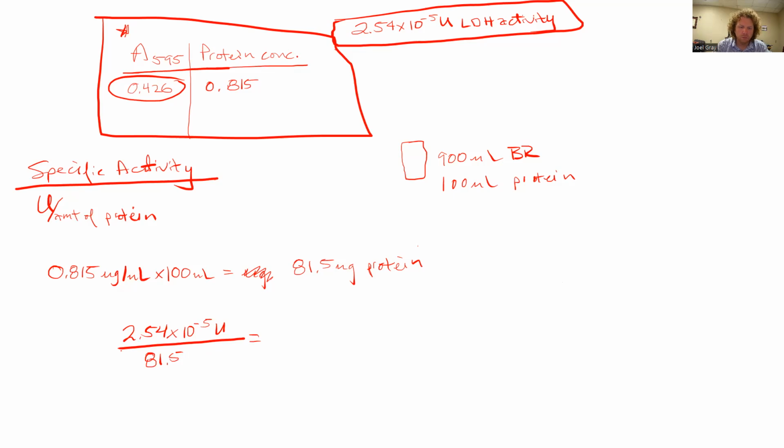And I will go plug that into my calculator. 2.54 times 10 to the negative fifth, divide that by 81.5. And that gives me 3.1 times 10 to the negative 7th units per microgram.